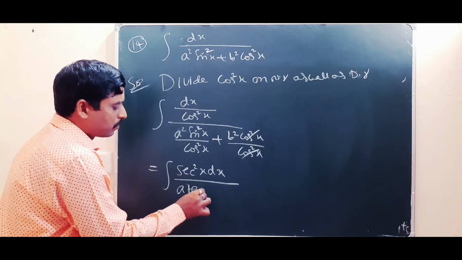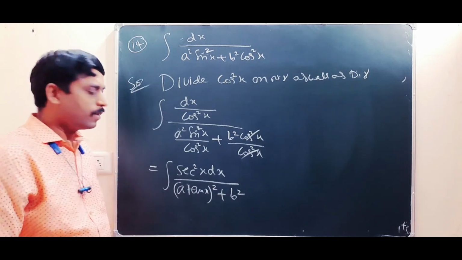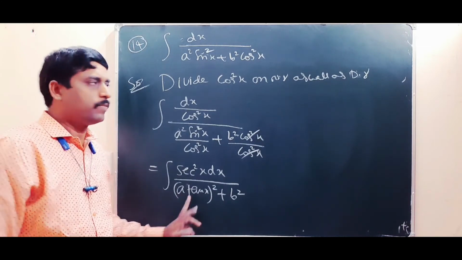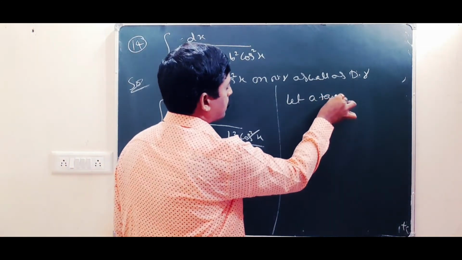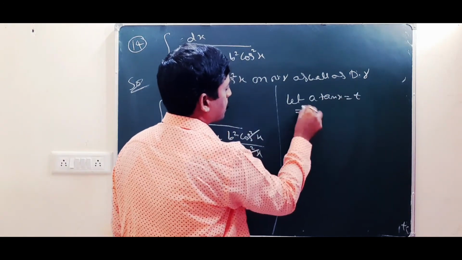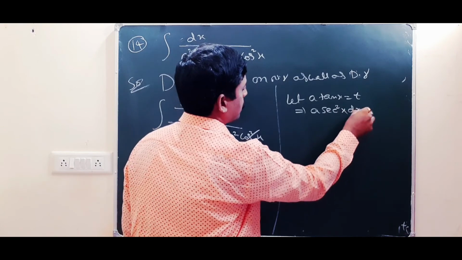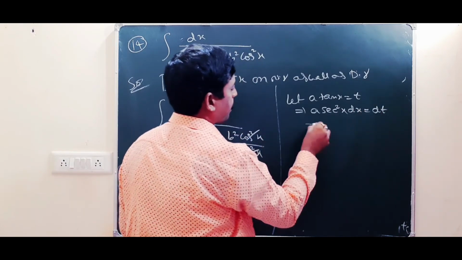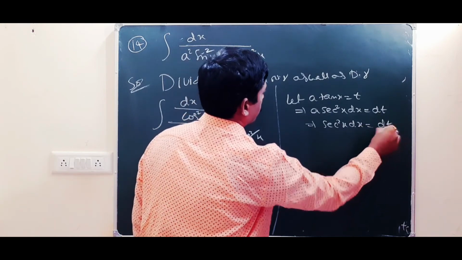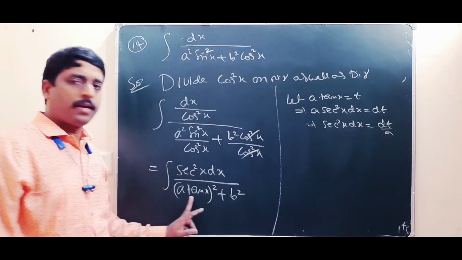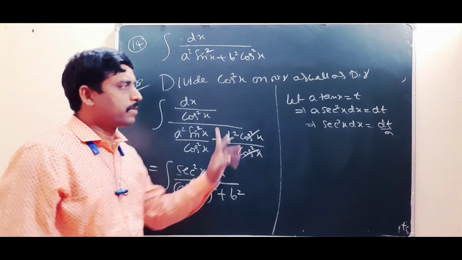This is a tan x whole square plus b square. So let us take a tan x equal to t. Now differentiation on both sides. A into differentiation of tan x, we get secant square x dx equal to dt. Therefore secant square x dx is equal to dt by a.